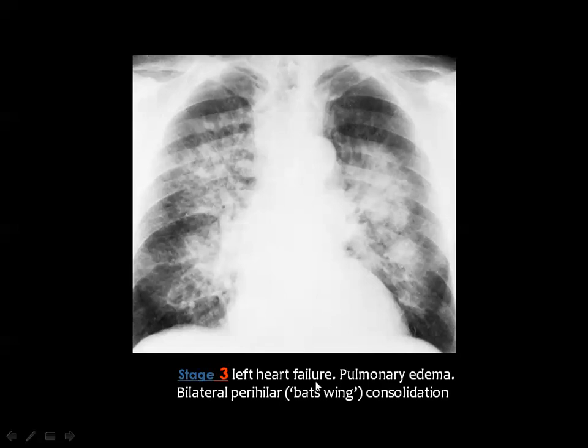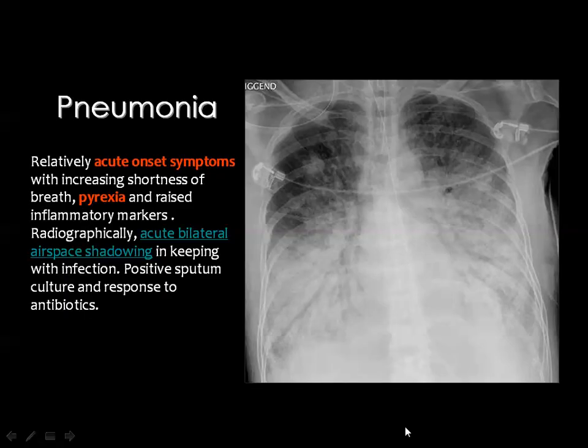Remember, stage 1 is enlargement of the hilar shadows with distension of the upper lobe vessels. Stage 2 is the presence of interstitial edema with A, B, C curly lines, as I have mentioned. Then stage 3 is the alveolar edema.